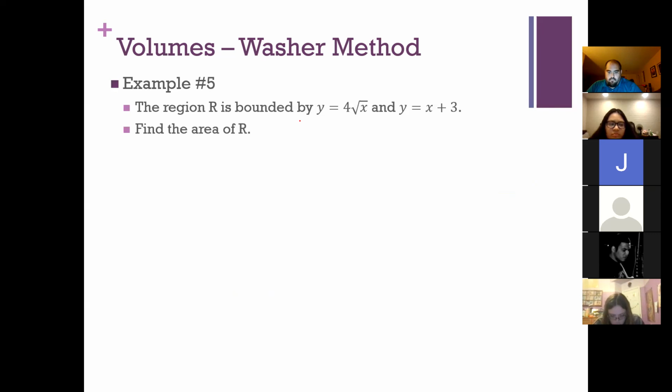Should I draw the graph? Yeah, let's take a look at the graph. And actually, there's something I might be able to do, oh, go ahead. No, that's what you meant. Yeah, you go for it.